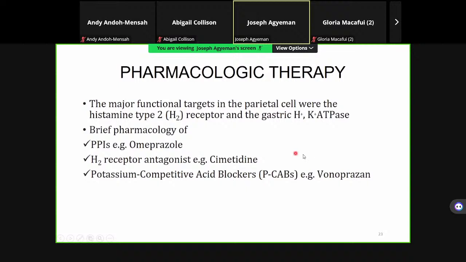In terms of efficacy, they are comparable, but in terms of onset of action, this class is superior to PPIs. So in Japan, they prefer vonoprazan to the PPIs as first line, with PPIs as the alternative first line. In Ghana, we are still using the PPI as part of the first line.